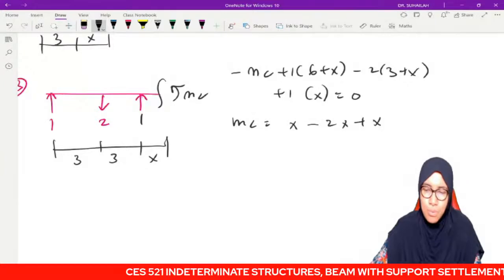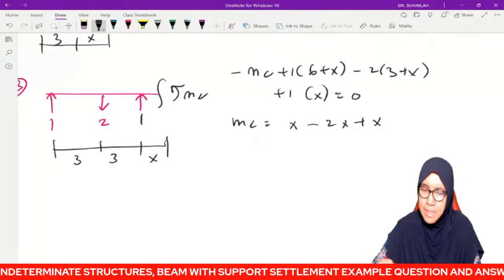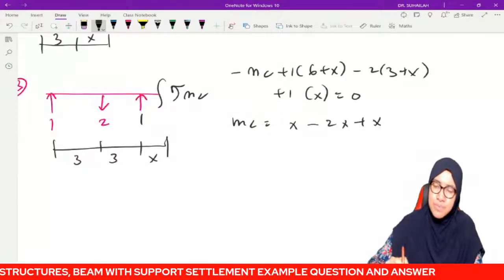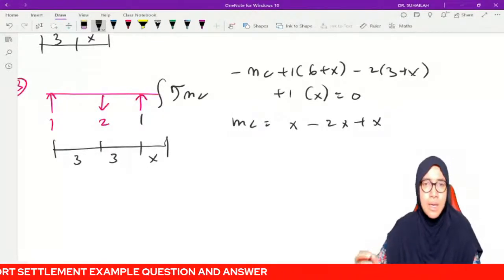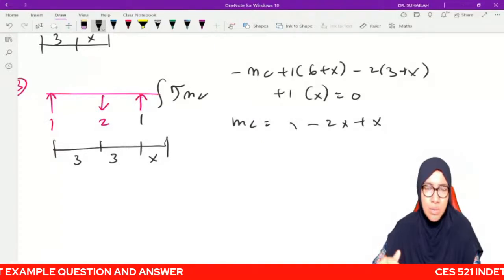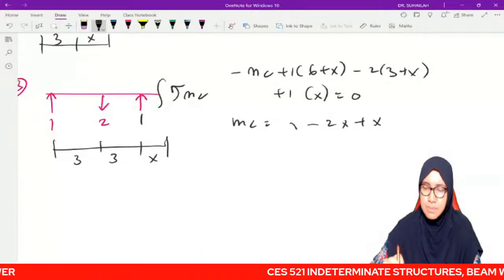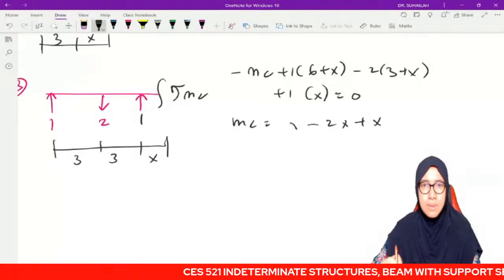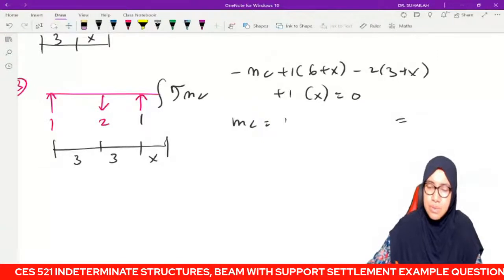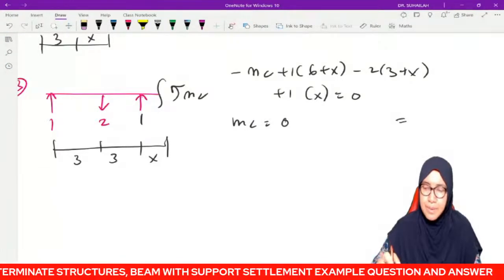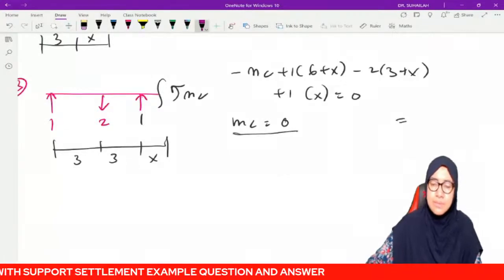We get 0. It is 1X minus 2X plus X, so we get 0. This is equal to 0. So this is the equation.